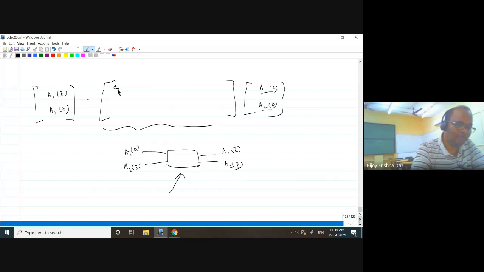So what would be that value? It will be cosine kappa z, right? Cosine kappa z, and here what will I be writing? Minus j kappa by kappa mod sine kappa z, and minus j kappa star by kappa, right?